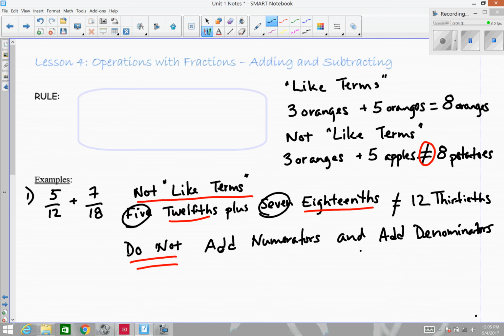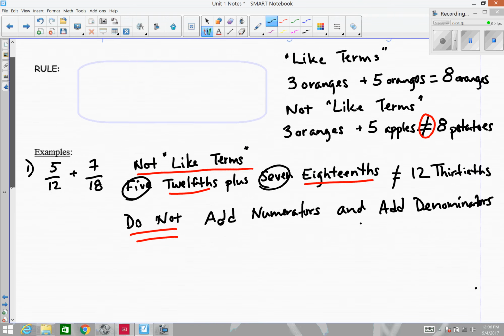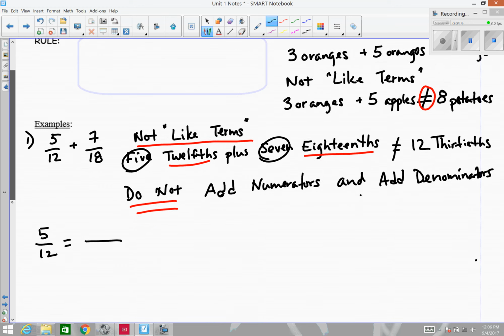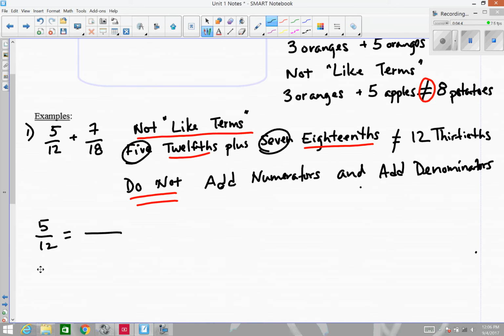So what I really need to do is take my 5 twelfths and find an equivalent fraction with a different denominator to add to an equivalent form of my 7 eighteenths written so that these are like terms. And when I have fractions that are like terms, they are going to have the same denominator. And my same denominator, best if we use our least common denominator, or LCD, is what we used in previous math classes.